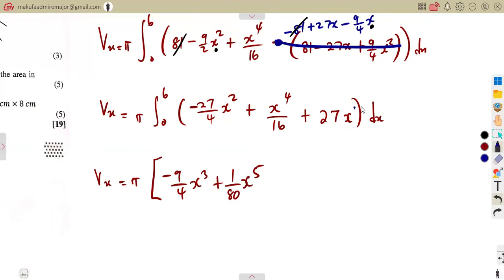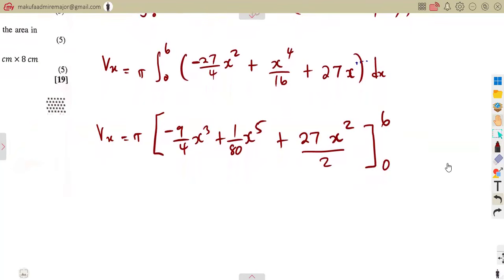At 27, you do the same thing, we add 1. So that was going to be 27 x to the exponent of 2 over 2. So this one, there is no effect there. From 0 to 6, we can substitute our limits, guys, and that was going to be in place of x, a 6 wherever there's x.